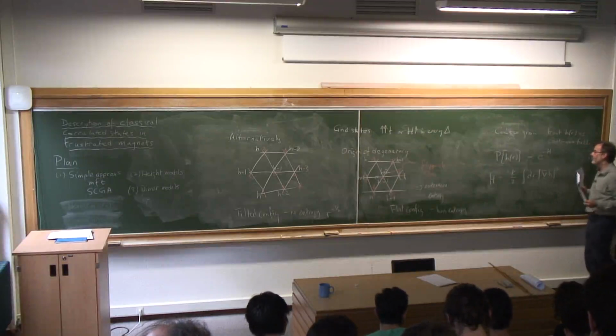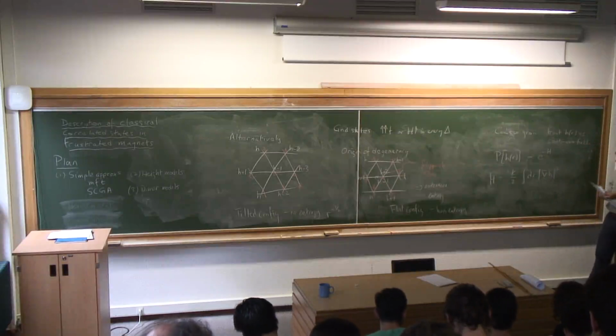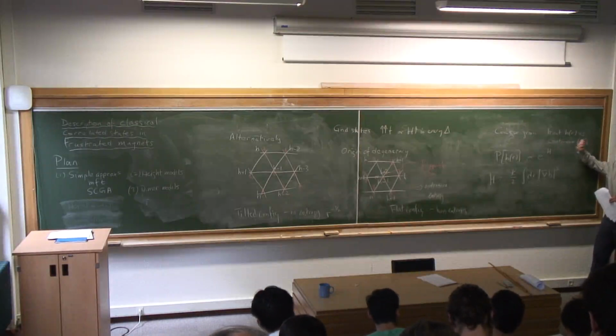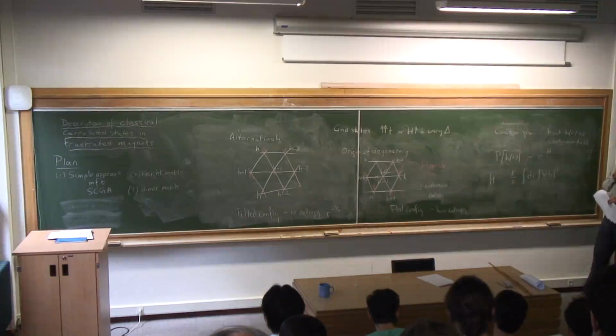So the simplest thing that we can write down is something like that. And this is obviously invariant under uniform translations of H, which reflects the fact that our rules for associating heights didn't care about what the origin was.